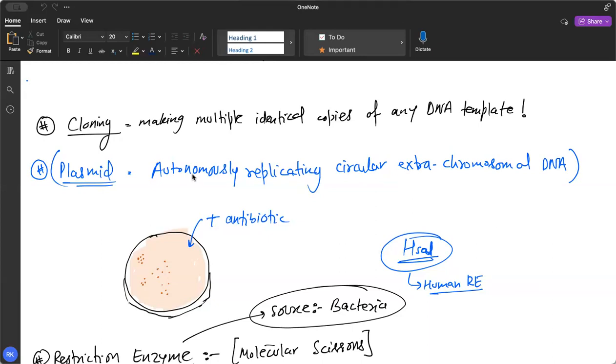It can replicate independently of the nuclear DNA. And we also studied that for replication to occur independently, any piece of DNA should have what? What facilitates replication of any piece of DNA?